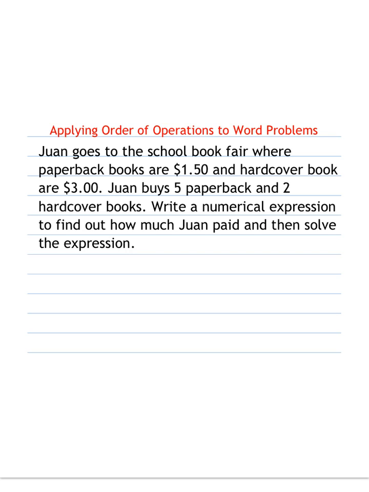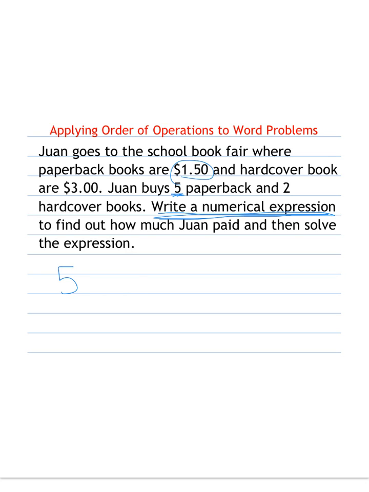So first step, write a numerical expression. Okay, that just means basically write a math sentence. Okay, so let's see. First of all, he bought 5 paperbacks. So I'm going to write down 5 for my paperbacks. And each paperback was $1.50.